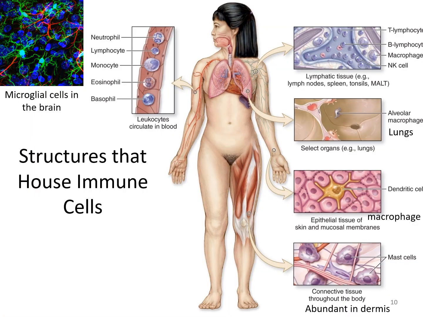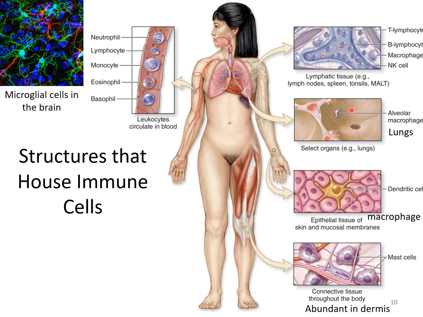Now this picture is just here so that you can recognize that we have immune cells that reside all throughout the body. So we've got specific cell types for different regions of the body. Microglial cells are our resident immune cell in the brain, and then a variety of different types in our lymphatic system.